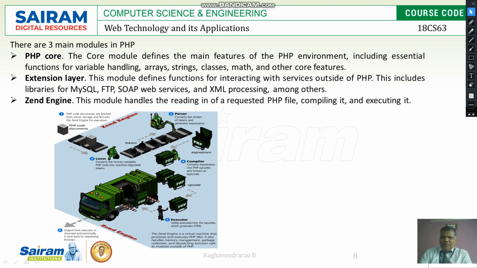Opcodes are given to the executor, where they are executed, and finally the output is seen on the screen. For example, if you write an addition, the program is converted into opcode, and you can run it in any location. This means the PHP compilers use opcodes to execute the program.